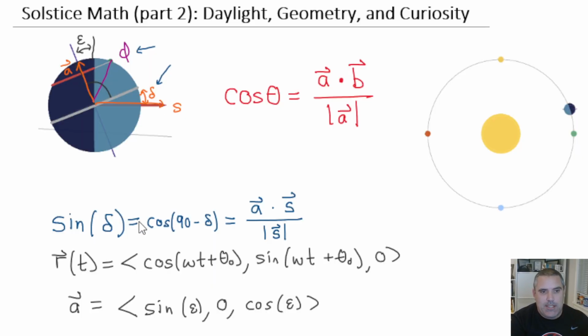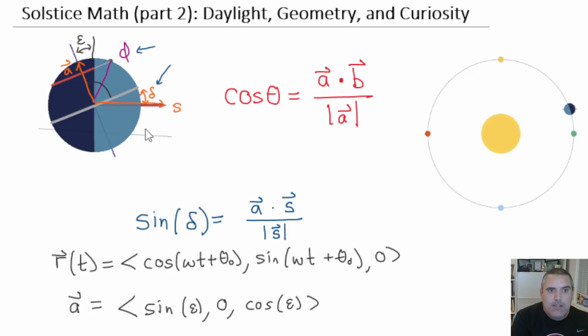So the formula they give as their starting place is this formula. I just wanted to give a plausible reason for why it's sine instead of cosine, and it's because the angle they have is sort of on the complement side. Anyways, they're going to choose a unit vector. So this is going to be 1. A is going to be this vector.